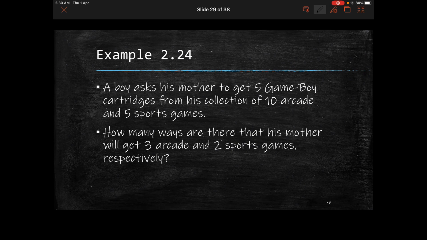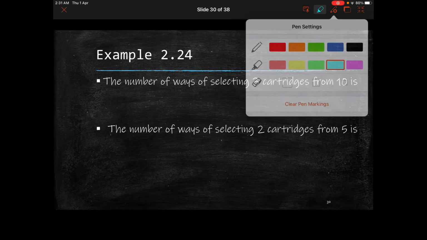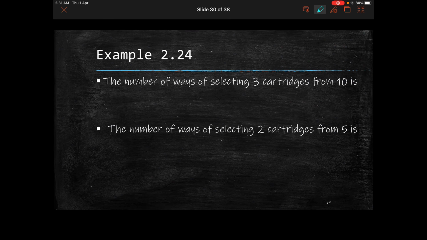So here we are going to solve using combination. So the first one, the number of ways selecting 3 cartridge out of 10. The second one is 2 cartridge out of 5.